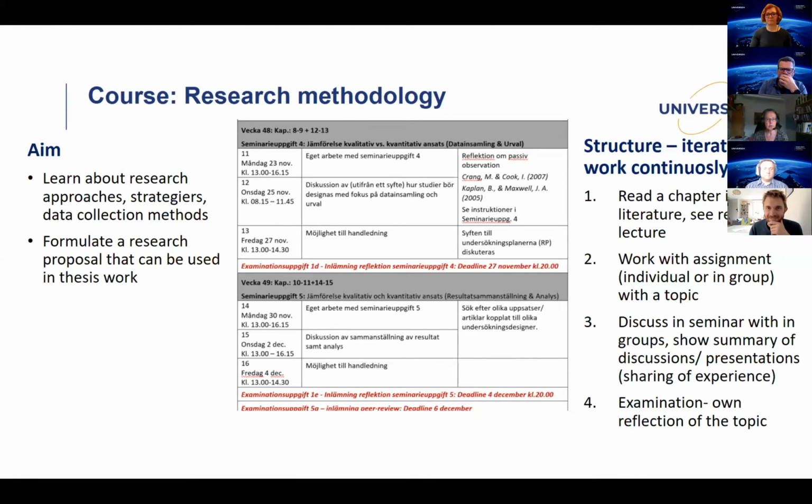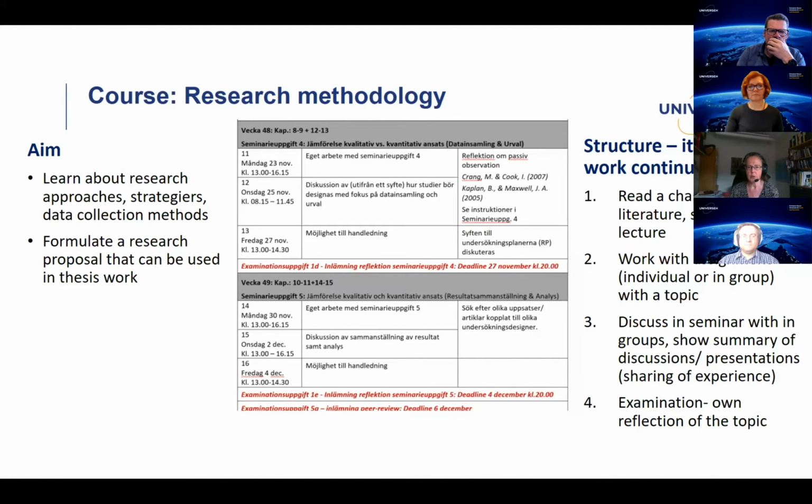The first example is related to a research methodology course. I use active learning here with the focus on students gaining deeper knowledge about this research methodology, which they then use in their thesis work and in an examination assignment in the course.